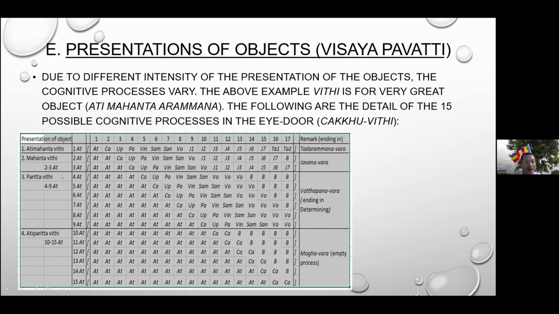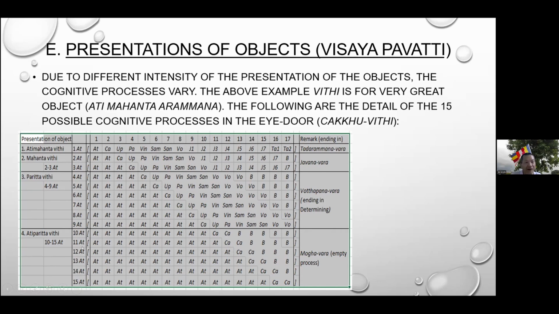Similarly, when it comes to Parita Vithi, this ends up with Votthapana. That means they call it the determining consciousness, and that's why another name for this is ending in determining. There's no Javana here.